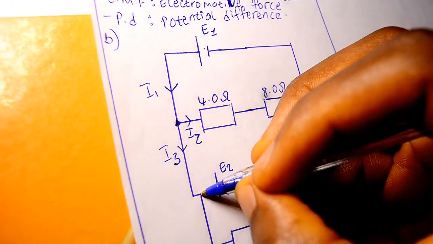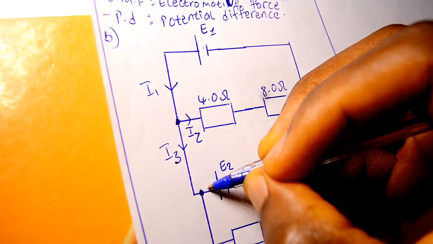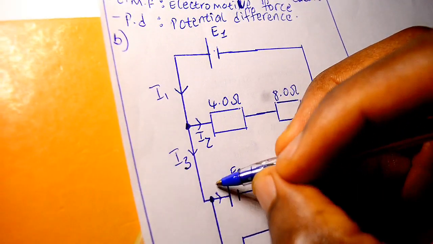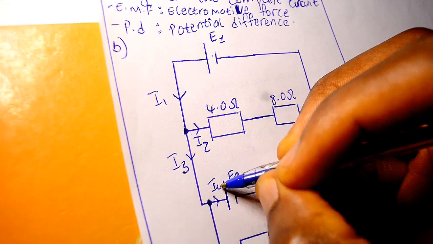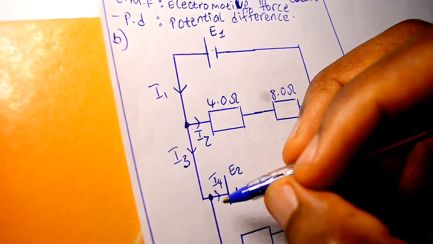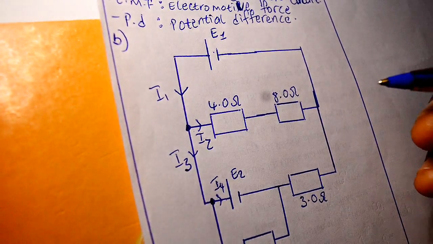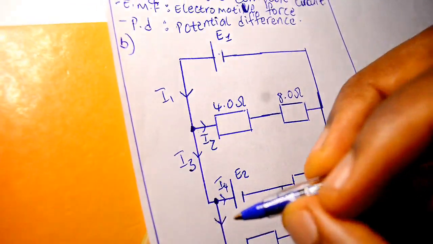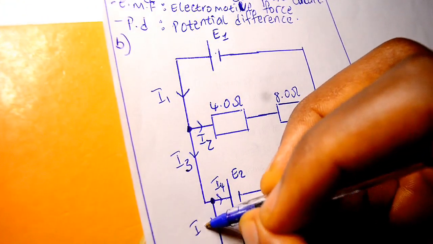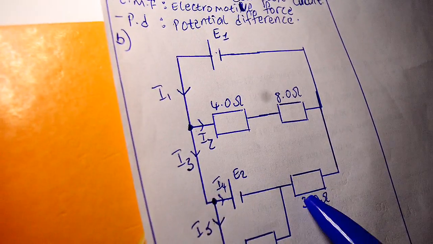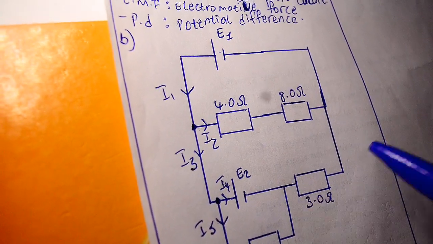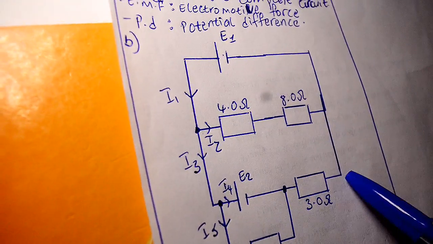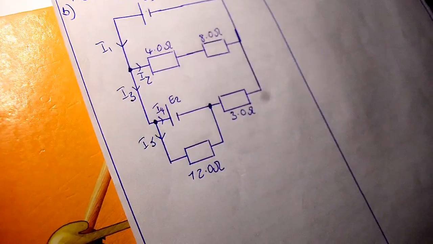When it gets to another junction here, it will split into, let's say, I4, and here I5. It splits here, then comes and joins back here, then continues. So they say using Kirchhoff's law.